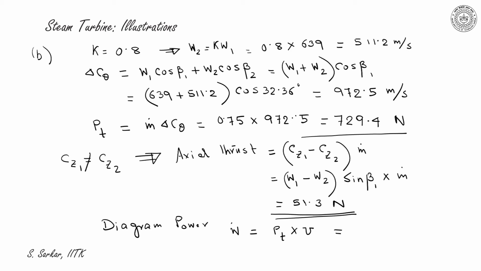If you solve this, you know the tangential force, you know the value of U, so you will get 291.76 kilowatt. So now the diagram power has changed. Similarly, the diagram efficiency will also change.